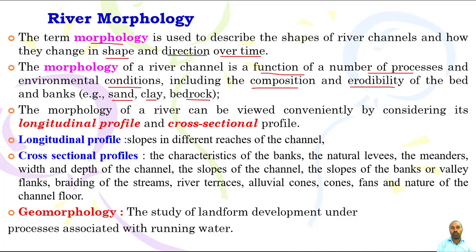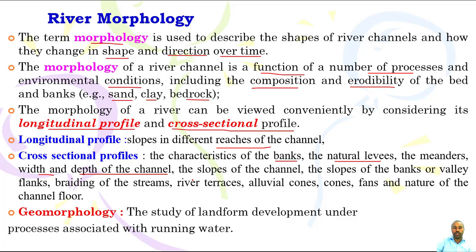According to morphology, a river channel can be viewed by considering the longitudinal profile, which is the longitudinal slope of the channel, and the cross-sectional profile, which is the shape of the river. The longitudinal profile is the slope in different directions of a channel, and the cross-sectional profile covers the characteristics of the banks and the natural levees, the meanders, and the widths and depths of the channel.